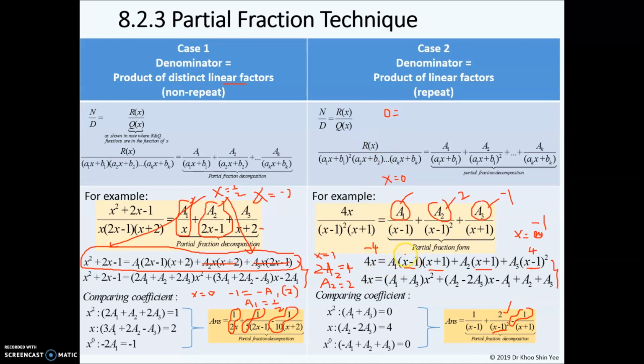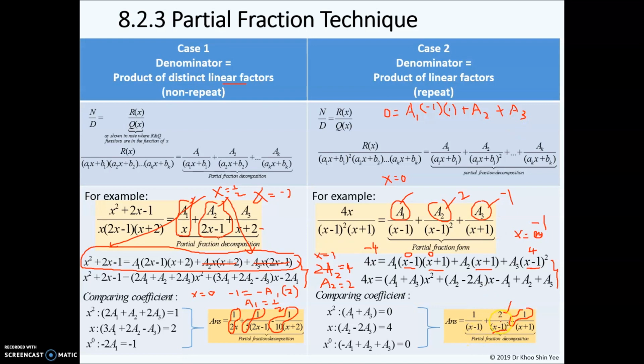For a1, you substitute 0, you get negative 1. You substitute 0 here, you get 1. Continue with a2. 0 here, you get 1. 1 multiply a2, you still get a2. 0 here, negative 1, power of 2, you get 1. Then multiply a3, you get a3 here.